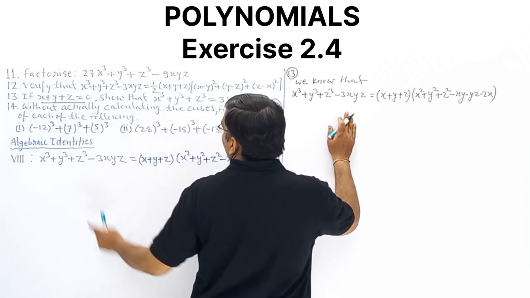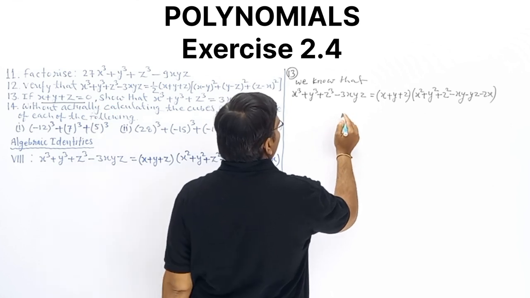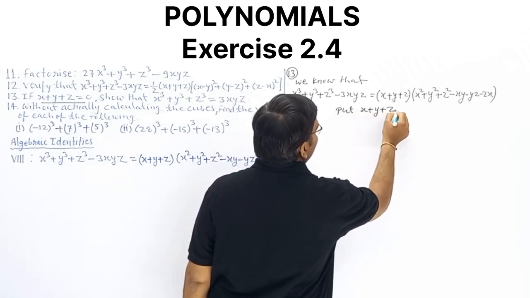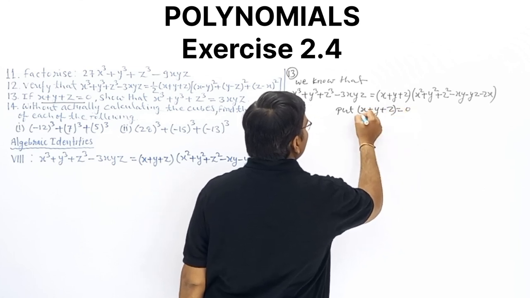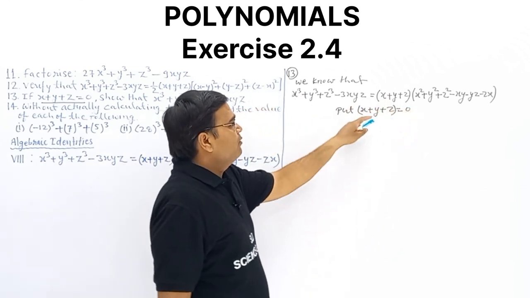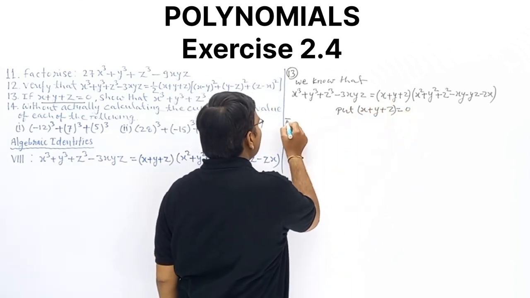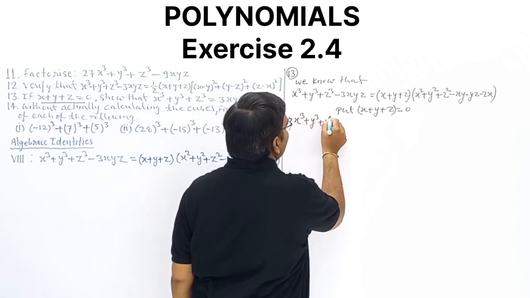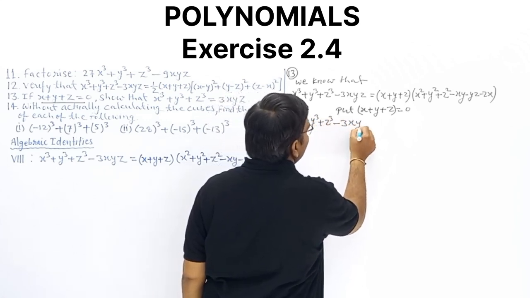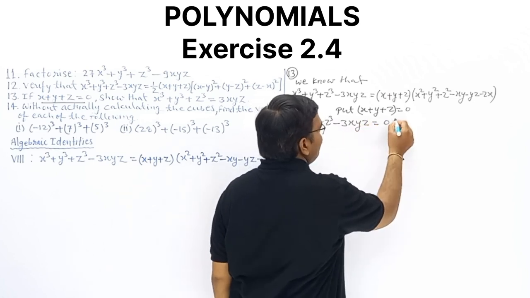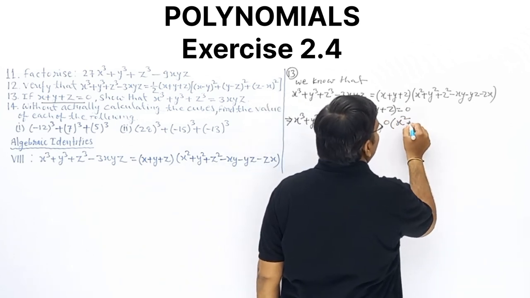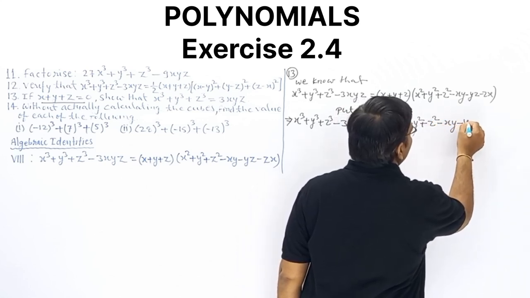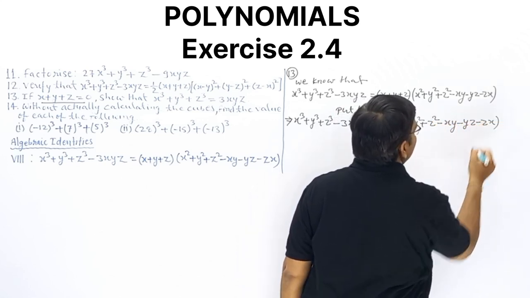What condition do we have? If x plus y plus z equals 0, put x plus y plus z equals 0. It is given in the question. Once we put this, what result do we have? x cube plus y cube plus z cube minus 3xyz can be written as 0 times (x square plus y square plus z square minus xy minus yz minus zx).